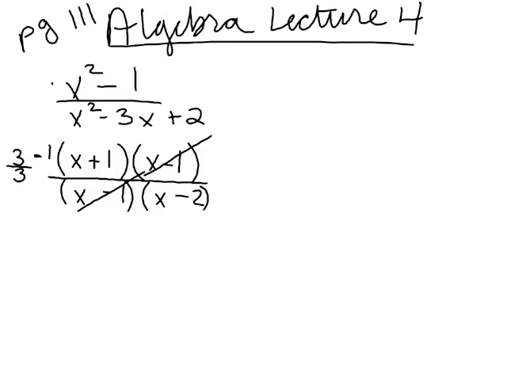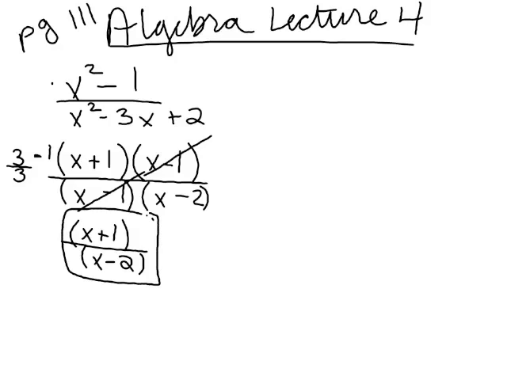So the same thing happens here. X minus 1 over x minus 1 is equal to a 1. So then I have 1 times x plus 1, which is x plus 1. You can leave the 1 off. And then on the bottom, I have an x minus 2. So that's my simplified version of this expression.